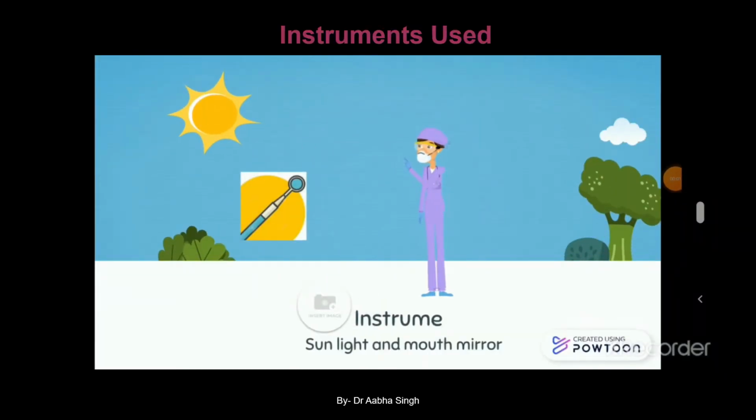According to Dean's original article, he used one instrument, that was a mouth mirror, and sunlight. So we can say that we need only two things for examination: one is a mouth mirror and second is a light source.